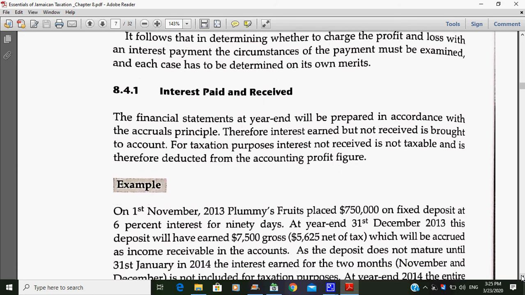Next subject to look at now is interest paid and received. The financial statements at year end will be prepared in accordance with the accruals principle. Therefore, interest earned but not received is brought to account.